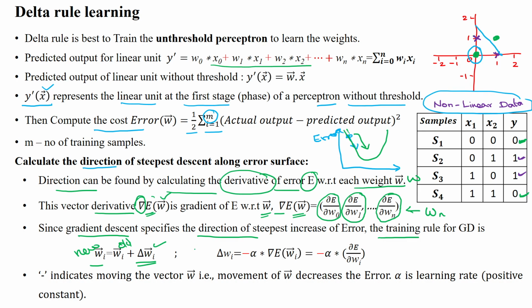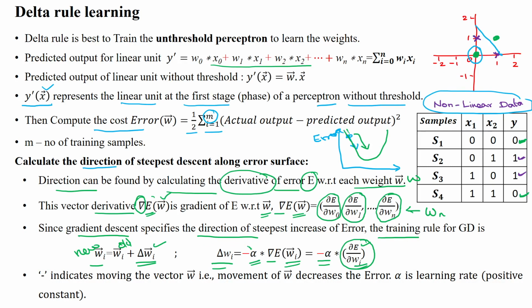So the gradient we have calculated by partial derivative, the delta wi is represented by minus alpha, the learning rate, times the gradient of error with respect to all the parameters given in the hypothesis function. So this can be represented as minus alpha times the gradient, in the sense that we apply partial differentiation on the error with respect to each and every weight in the given equation.